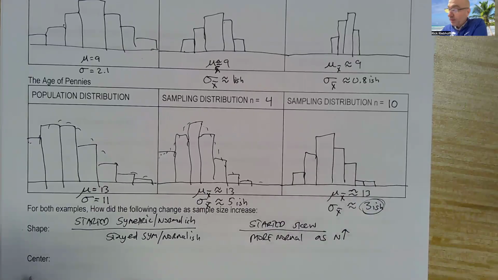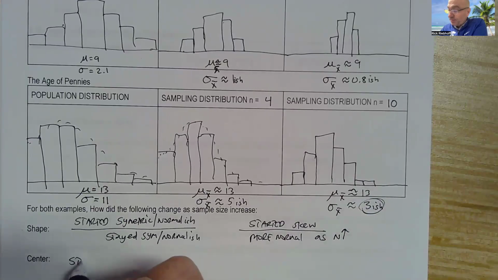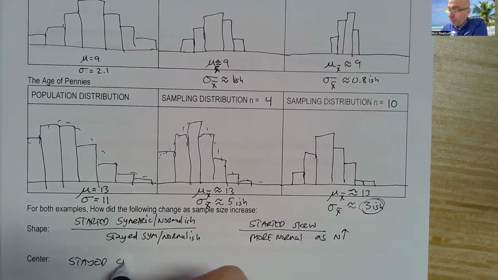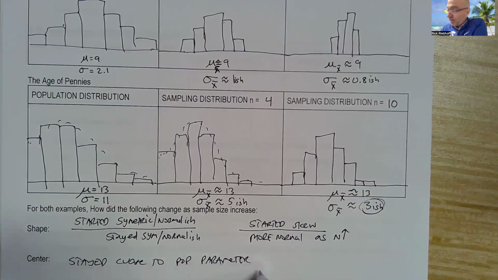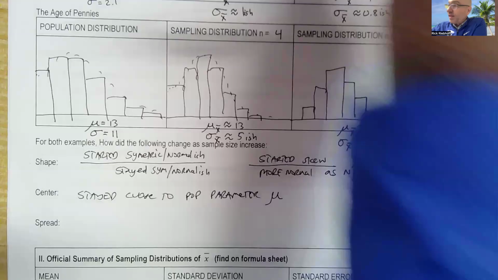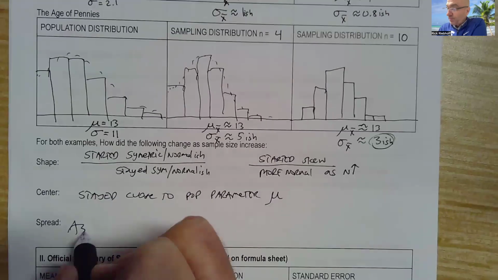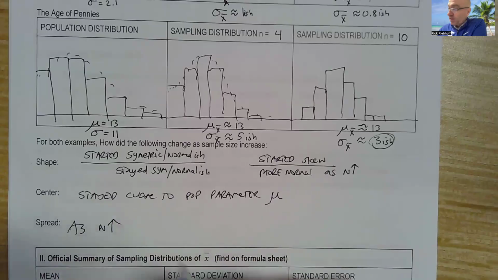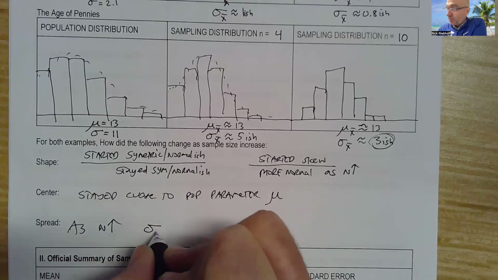Really important there. All right, the center stayed the same, stayed close to the population parameter, which in this case is mu, right? What happened to the spread? As sample size increased for both of them, our standard deviation of the X bars went down.